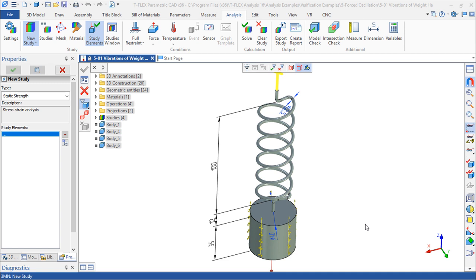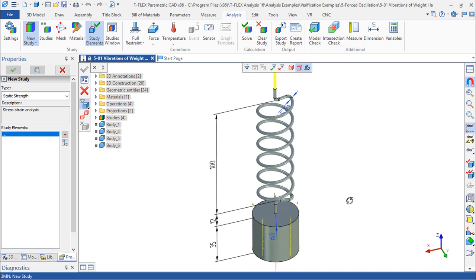It is important also, when we analyze the forced oscillation of these systems, to take into account the influence of damping forces. We've already mentioned it.